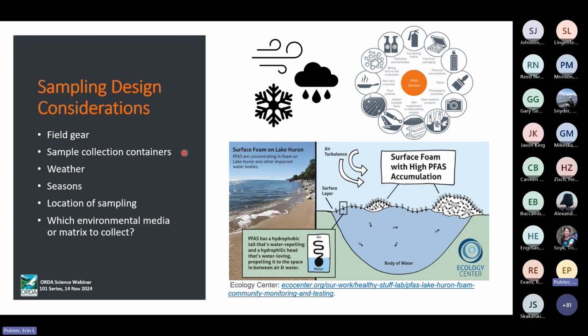Typically glass containers were used a lot for tissues or sediments, but there's some indication in the literature that some PFAS compounds actually bind to the glass. The recommendation typically is to use polypropylene. Polypropylene for large volumes of water is probably better for the field, so you don't have broken glass anyway.